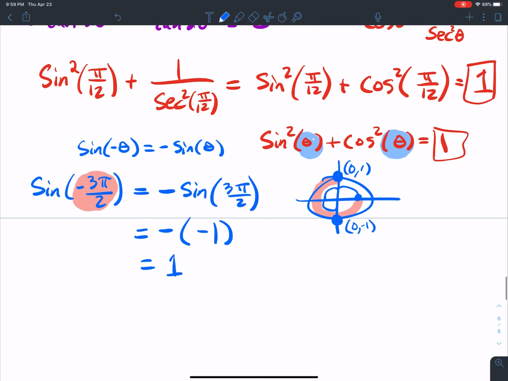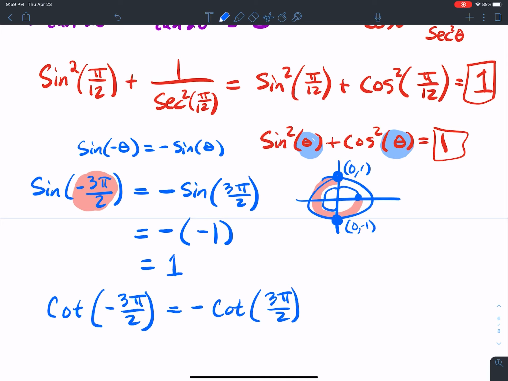Okay, cotangent of negative 3 pi over 2. So cotangent of negative 3 pi over 2. This is an odd function. So this is negative cotangent of 3 pi over 2.